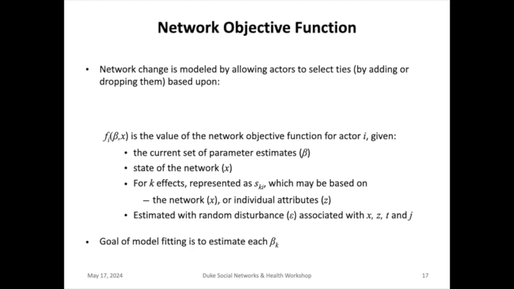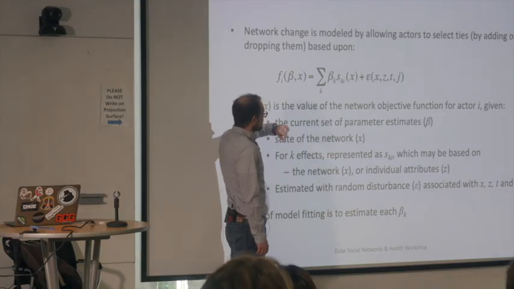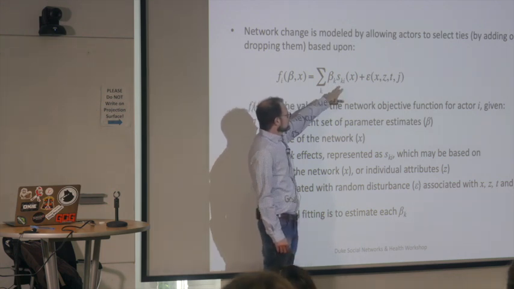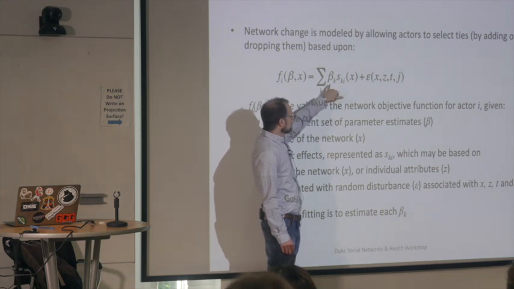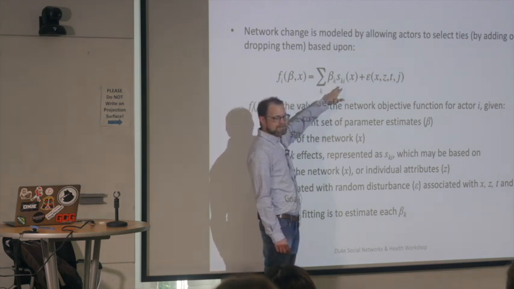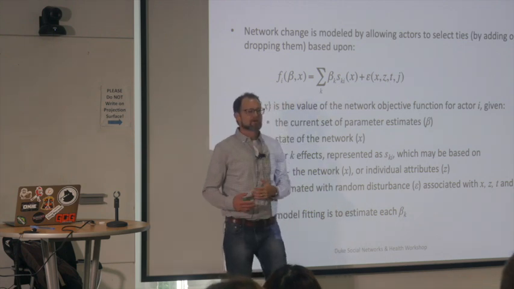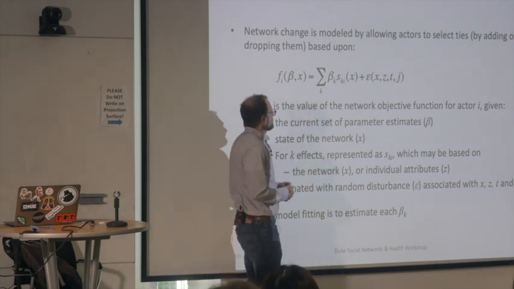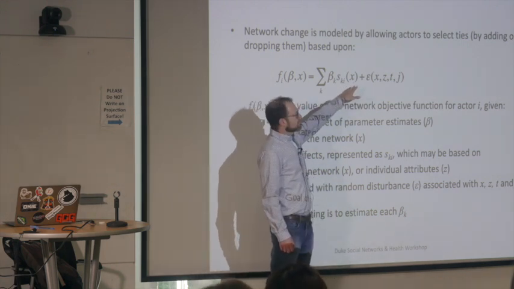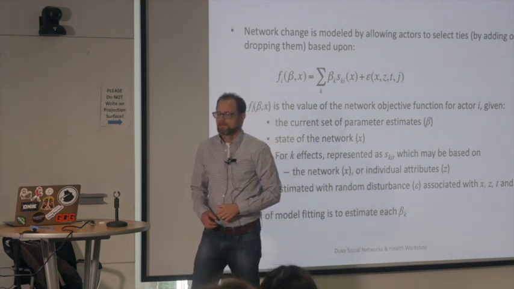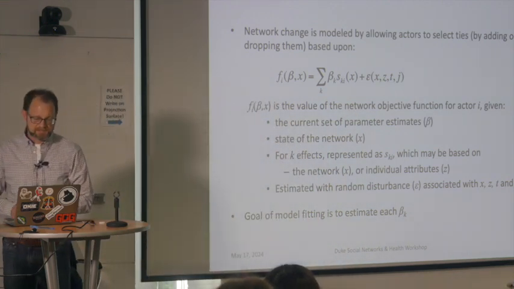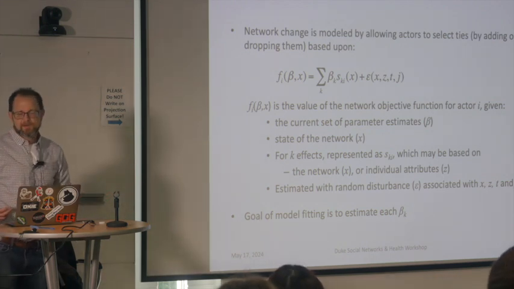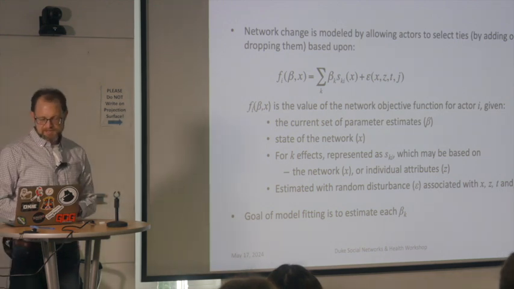What I do want to point out, though, is it does have this linear form where we've got a series of effects, a series of coefficients beta, a series of network effects. These s_ki are different network configurations, things like reciprocity or transitivity or homophily that are applied to the network at its current state and inform these actors' decisions. Okay, so during model fitting, we're doing kind of the same thing we always do. We're trying to come up with a set of coefficients.